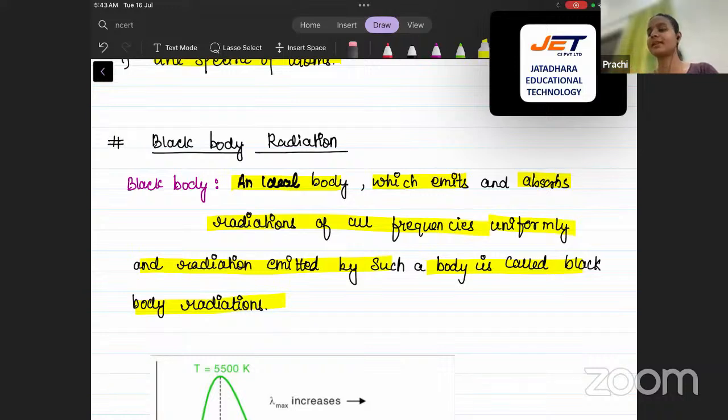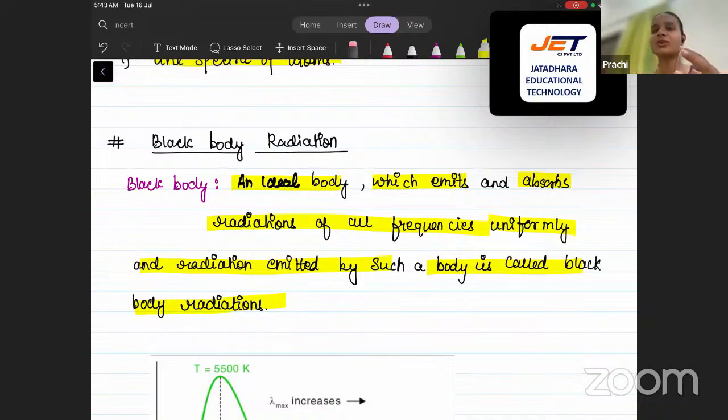Now, do we have any perfect black body which will absorb all the radiations and emit all the radiations? Practically, in a real situation, we don't have an ideal black body, but the nearest example can be carbon black. If I take a pitch black carbon, then that will act as a black body. Whenever light is falling on it, it will absorb all the light.